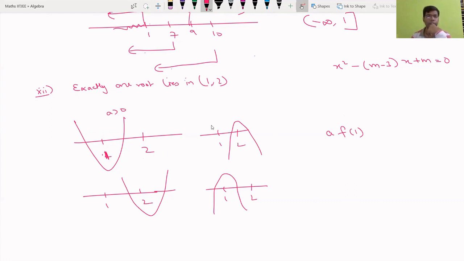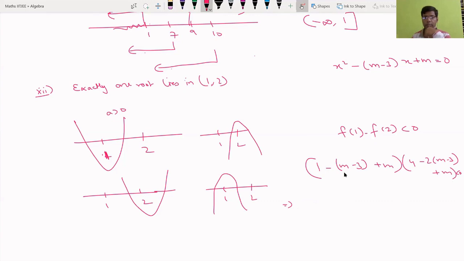Okay, so the condition here is f of 1 and f of 2 both are always of opposite sign. So it will be f of 1, f of 2. The product is negative. So f of 1 is 1 minus 3 plus m, and f of 2 is 4 minus 6 plus m, less than 0.